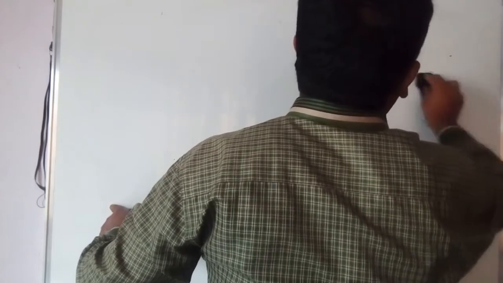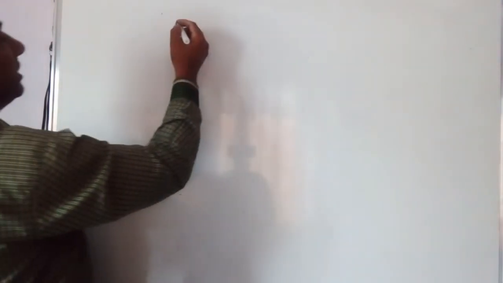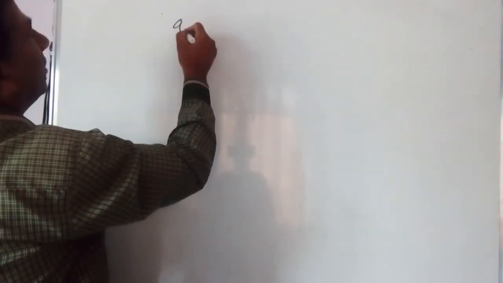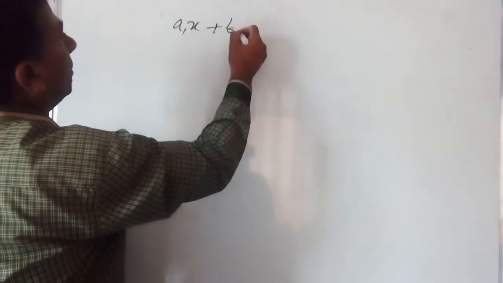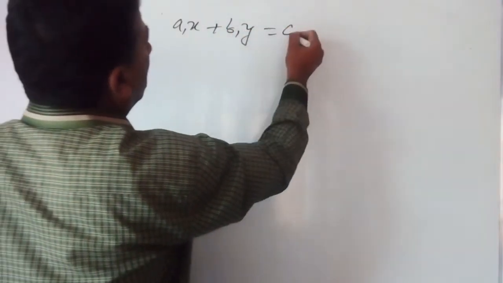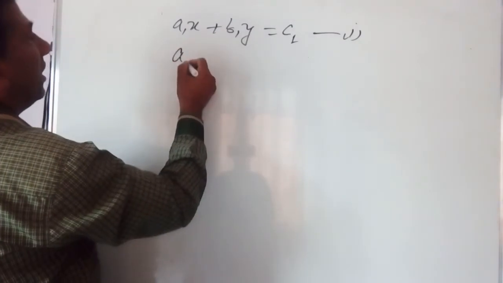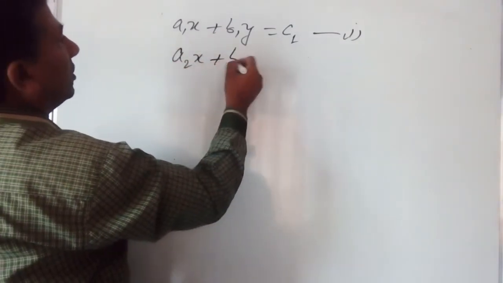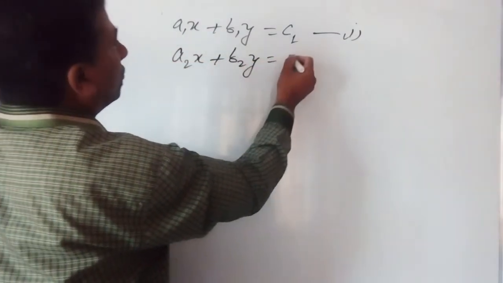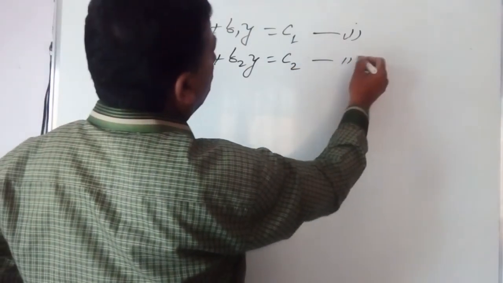This method is called Cramer's rule. Now I'll summarize this. The given equations are a1x plus b1y equals c1, which is equation 1, and a2x plus b2y equals c2, which is equation 2.